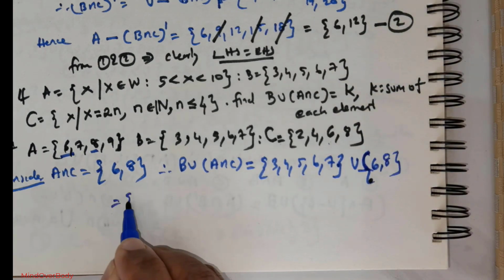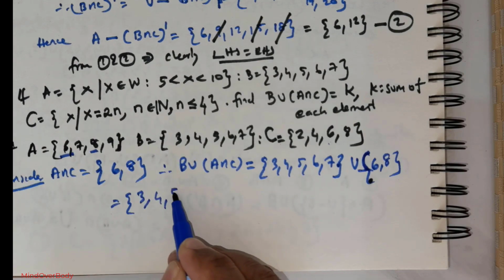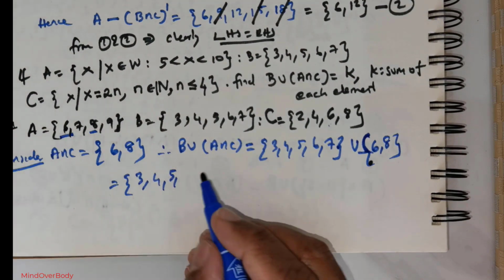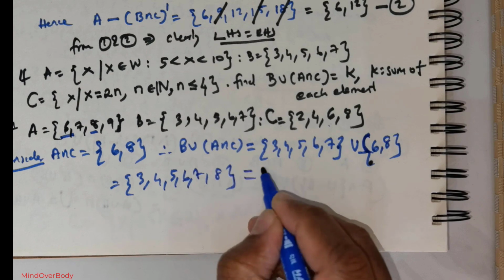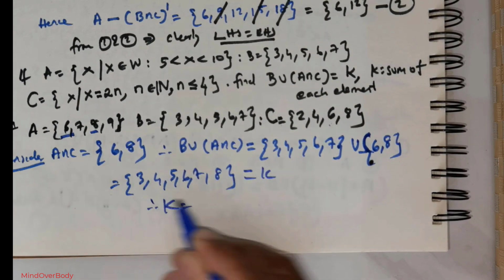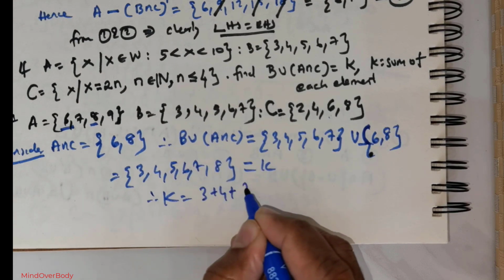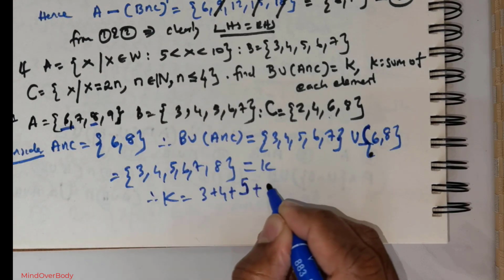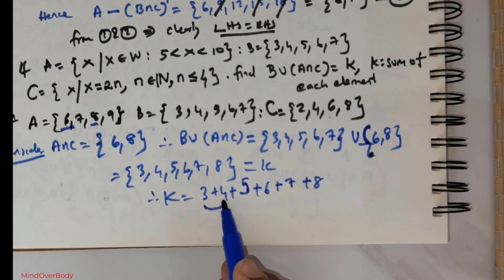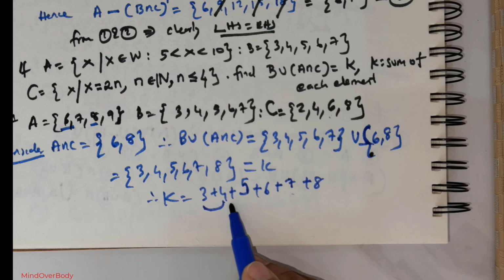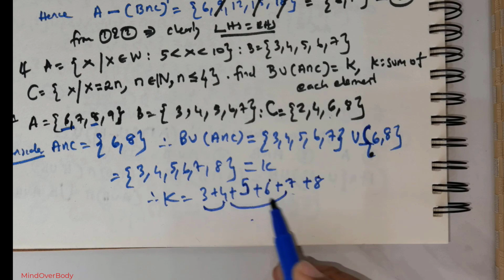So this is equal to, if I were to unite these two things, it's going to be 3, 4, 5, and 6 and a 7 and an 8. So this is what we've got. So this is equal to k, therefore k is nothing but sum of these elements. So you need to write this step: 3, positive 4, and a 6, and a 7, and an 8. 7 added with 7, 14. This is 20, 28, and 33.